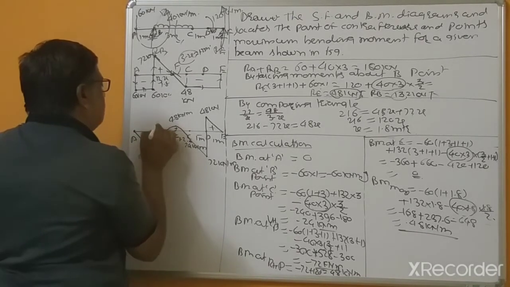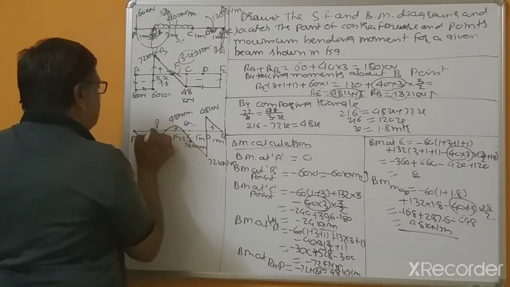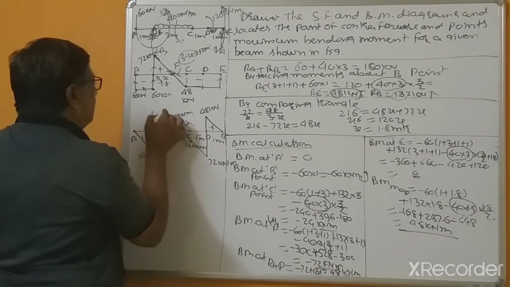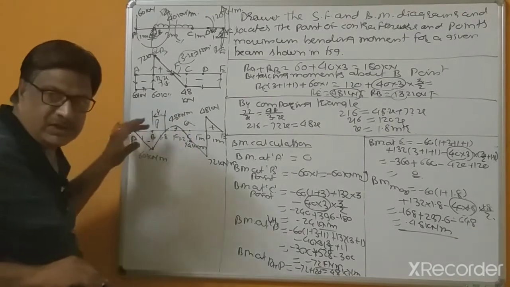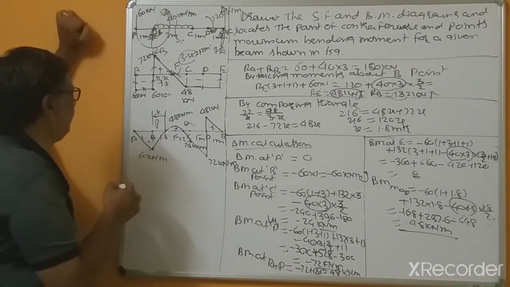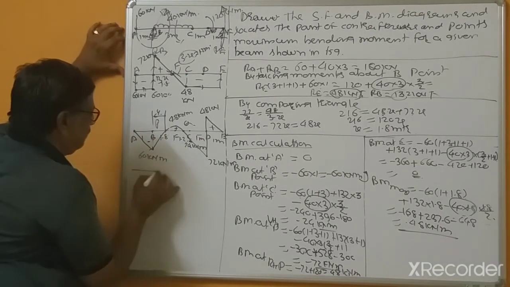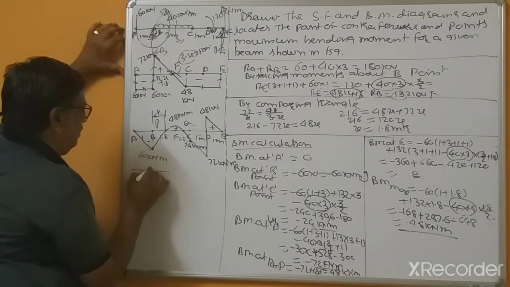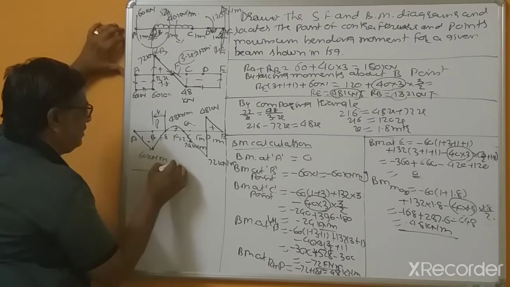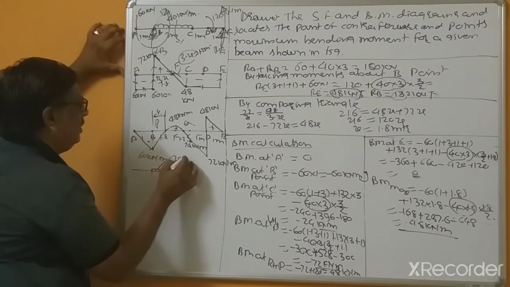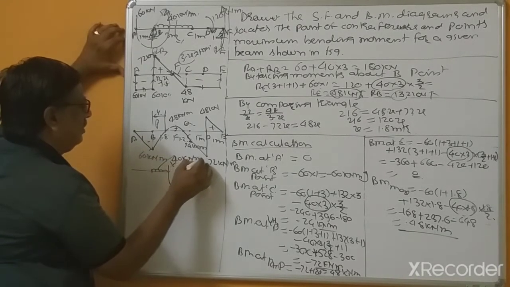Now this point is P and this is Q. Suppose this distance is y. Here you will get a quadratic equation. So this is x, 20, this is 40 kilonewton per meter.